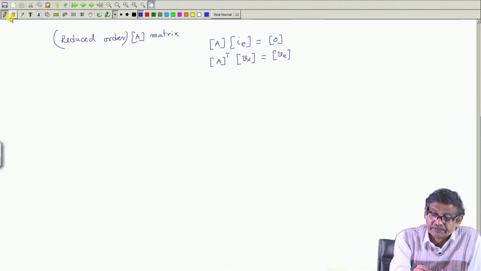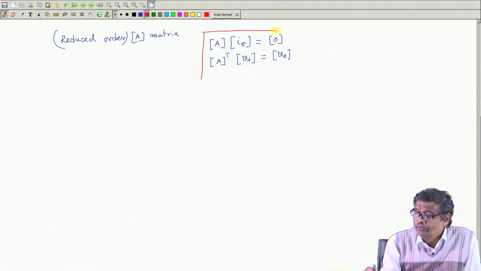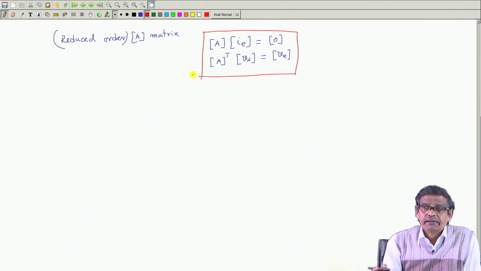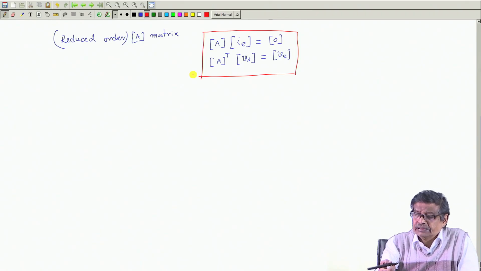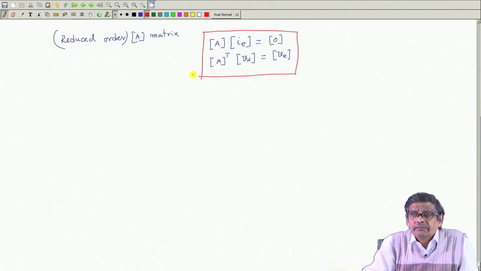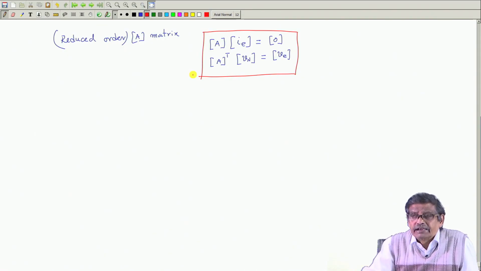This is where, see, I have now merely stated and defined the A matrix, and the entries of the A matrix are very simple, plus 1 or minus 1, similarly for A transpose.